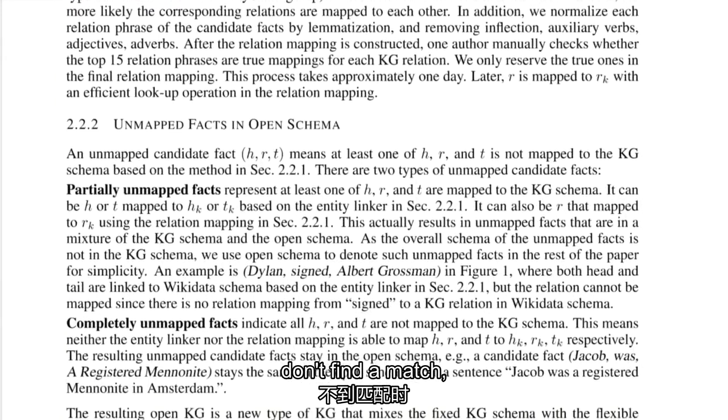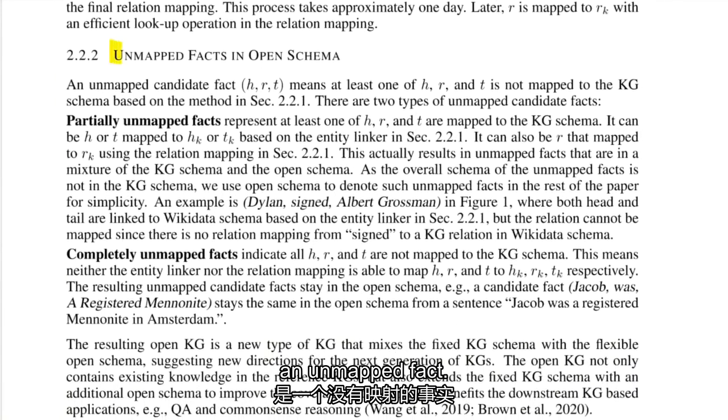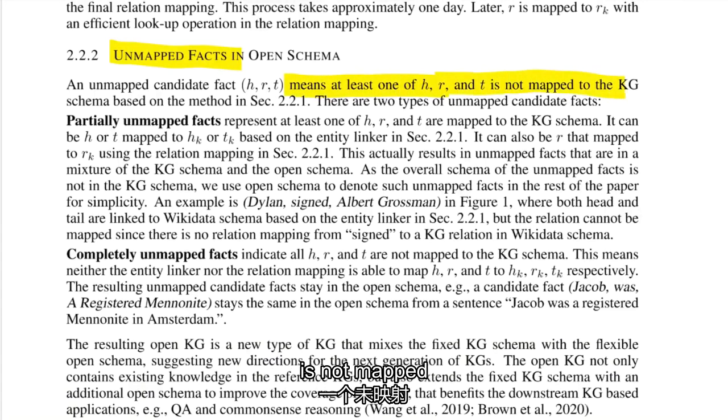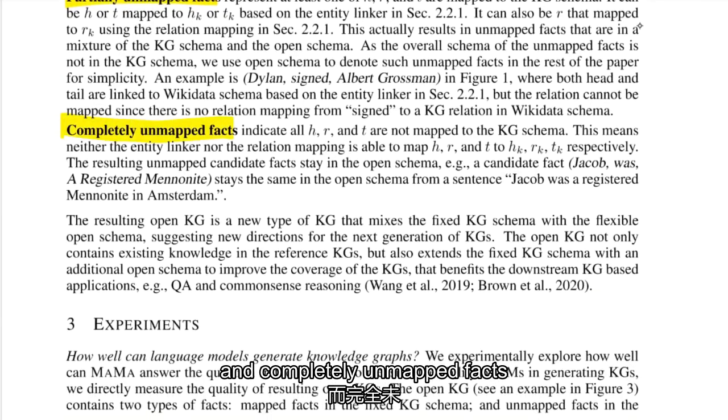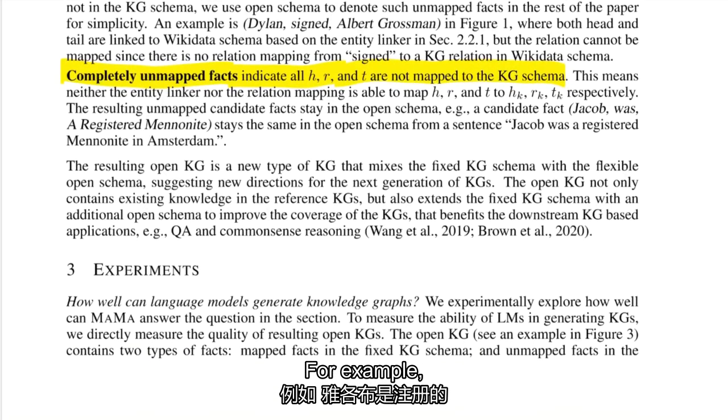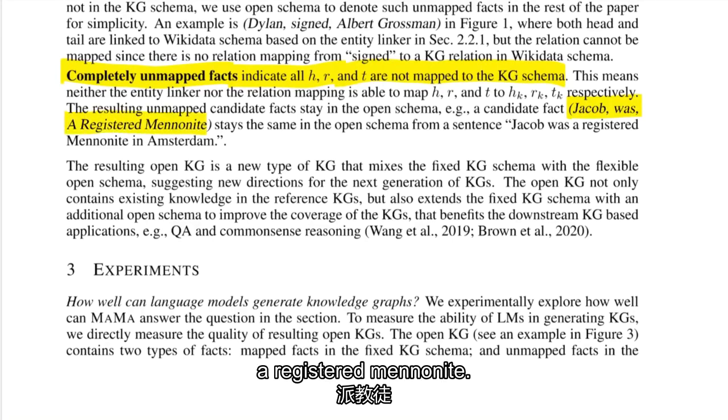Whenever they don't find a match, they say this is an unmapped fact. An unmapped candidate means that at least one of H, R, and T is not mapped to the schema. There are two types. Partially unmapped facts is where some are mapped, and completely unmapped facts indicate that all H, R, and T are not mapped to the schema. Okay. For example, Jacob was a registered Mennonite.